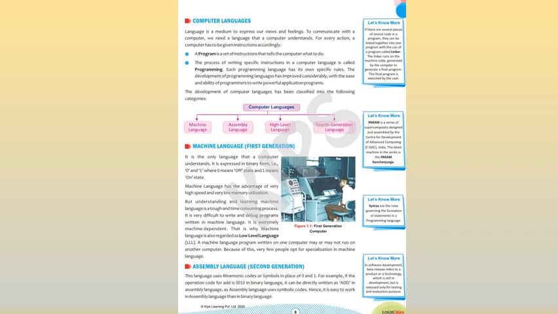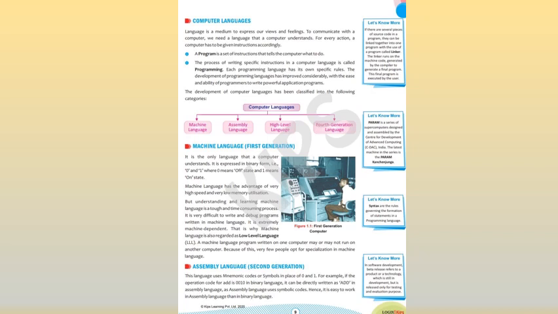For example, if we are doing any calculation in mathematics, we need to add numbers. In machine language, we will write the instruction in the form of 0, 0, 0, 0, 0, 1, 0, 1, 1, 0, 1, 0. Now we have to add it. It would be difficult for us.